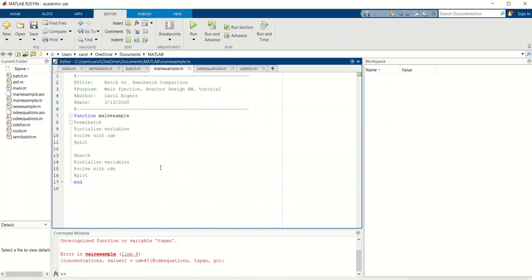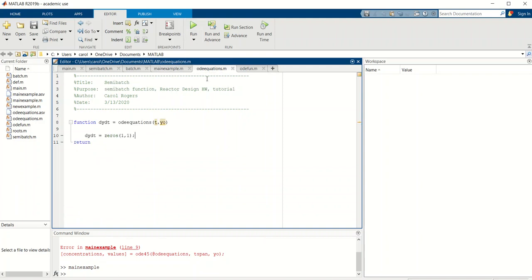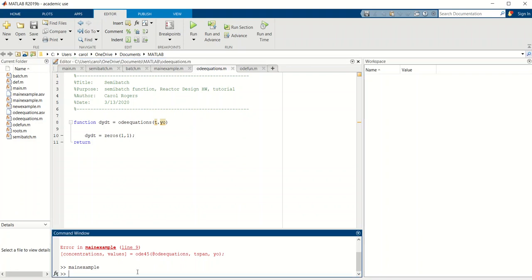Right now, our program should be perfectly runnable. If I test this, main function goes all the way to the end. If I try to test ODE equations, then it'll give me that dy dt is 0, which we expected because we already told it that it was going to be 0.